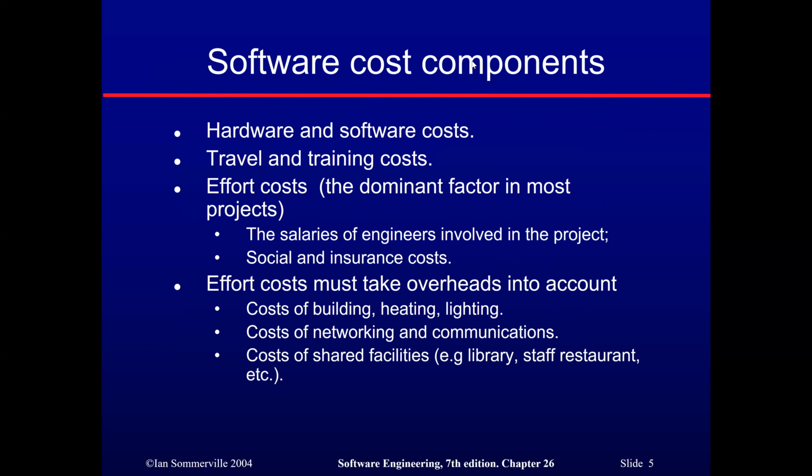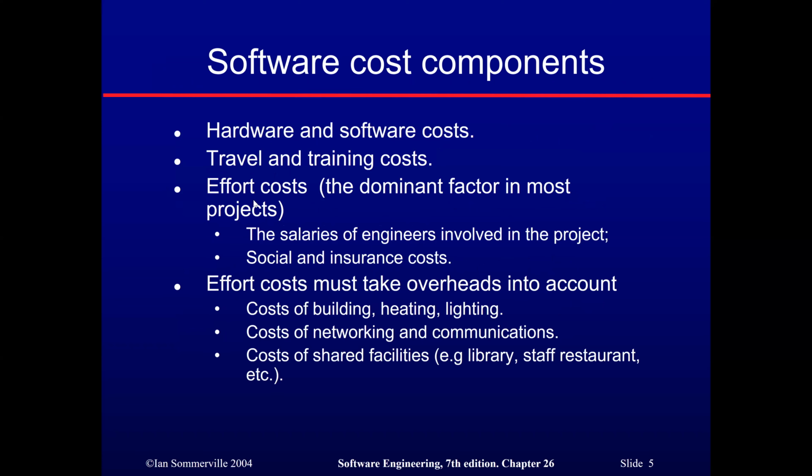What are the software cost components? Hardware and software costs, travel and training costs, effort costs. This is the dominant factor in most projects: the salaries of engineers involved in the project, and social and insurance costs. Effort costs must take overheads into account.